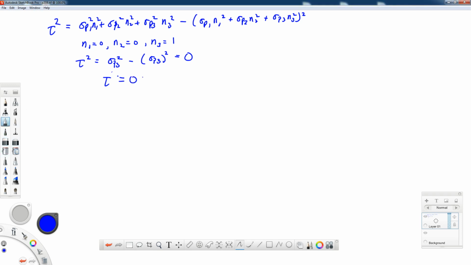So an extreme value, the minimum value of shearing stress for a particular stress state, is going to be 0. And it is aligned with our principal stress directions. Here we've shown that in our principal stress directions we don't get any shearing stress. We did this for the 0, 0, 1 direction, but if you do the math, it works out the same for 1, 0, 0 or 0, 1, 0.